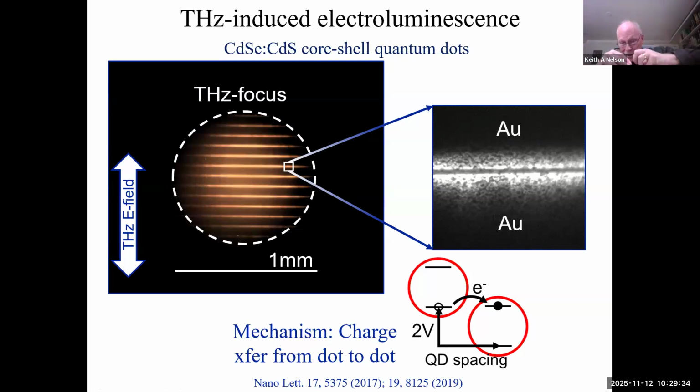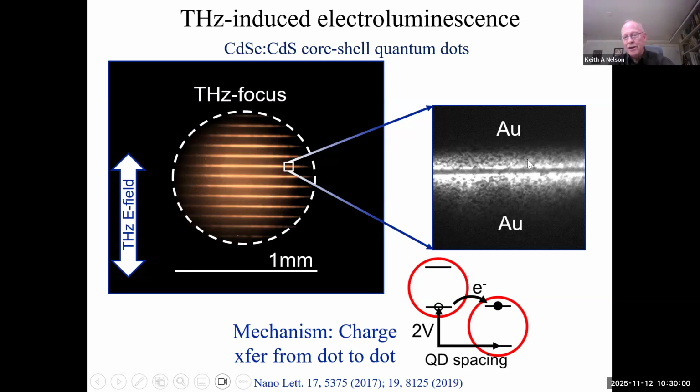In that case, there's actually current moving from one electrode to the next, going through the sample. The terahertz field is just a single cycle that's on for 1 picosecond. Even over this couple of microns, there's not nearly enough time for current to flow from one electrode to the next. Rather, the field itself is inducing electron transfer from one dot to another dot in this region.